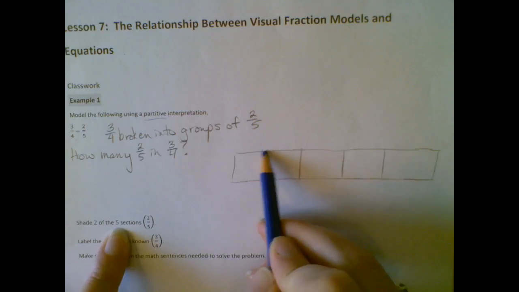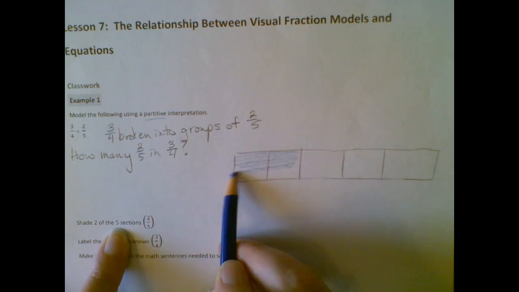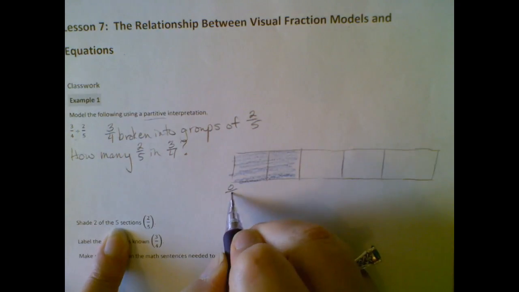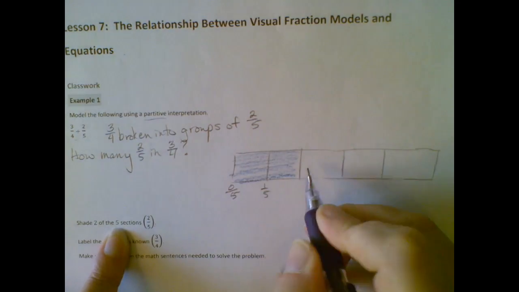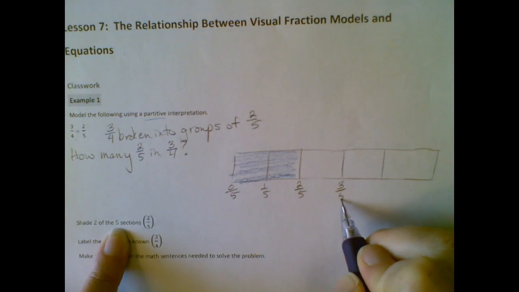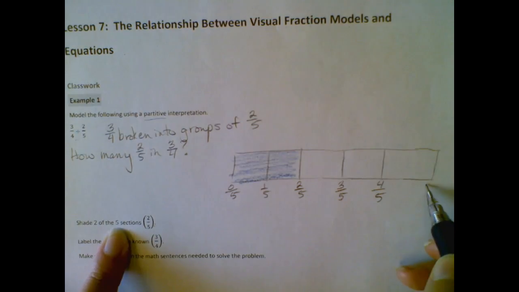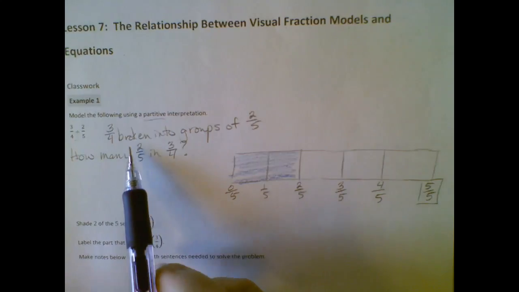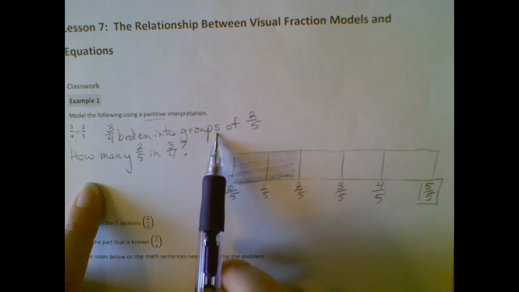Okay, I've got my color. 2 of the 5. So let's label. This is 0/5, 1/5, 2/5. There's my 2/5. 3/5, 4/5, 5/5, which is our whole. There's our giant one. So 3/4 broken into groups of 2/5.